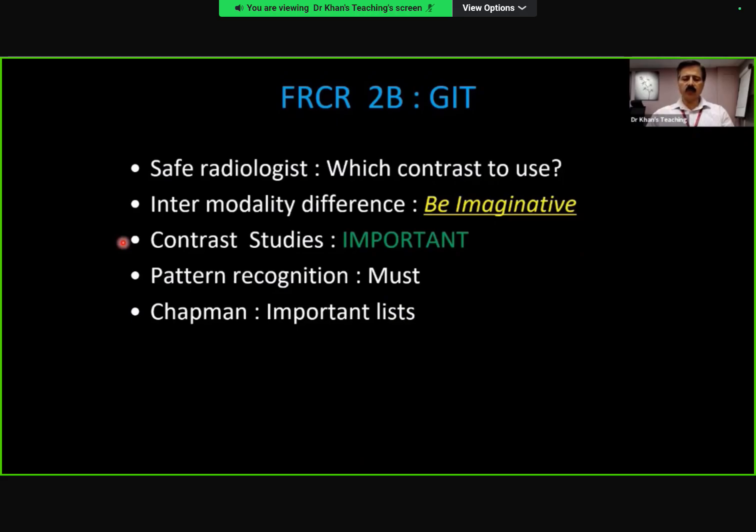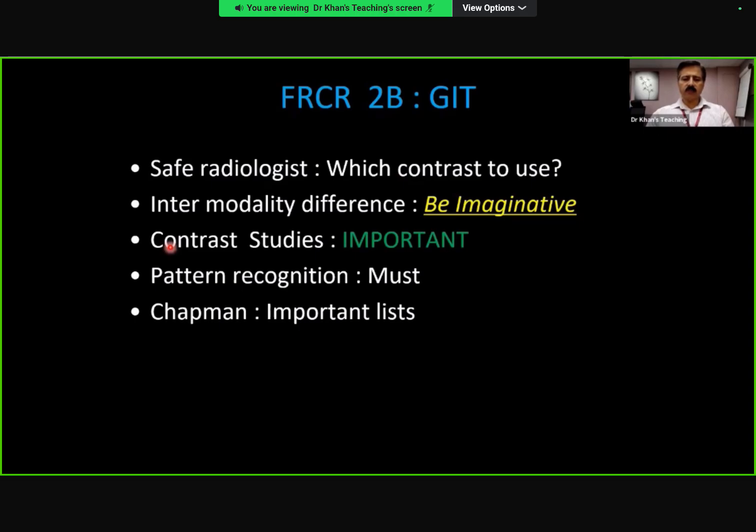Wherever I go in the world, I ask everybody, and I think contrast studies, for obvious reasons, have gone down. So it's a weak link for you, and the examiners know it. Still, contrast studies are asked in the exam, and I am going to show you a lot of contrast studies intentionally. You are very good in CT, but you are not good in contrast, so I will concentrate there.